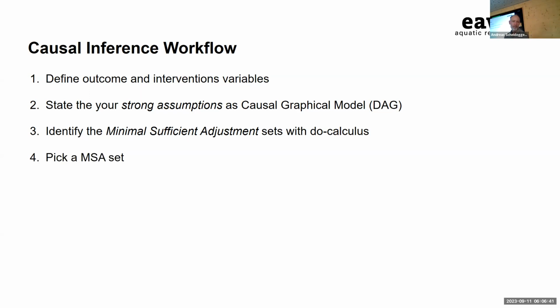And then basically I can do the whole normal modeling workflow. And this is where something called the weak assumption comes in. The weak assumption might be, I know this relationship has to be monotonically increasing, or I believe it has a certain shape based on other information. But there again, we can even try different adjustment sets, do cross-validation and so on. We're basically back in our normal machine learning field.